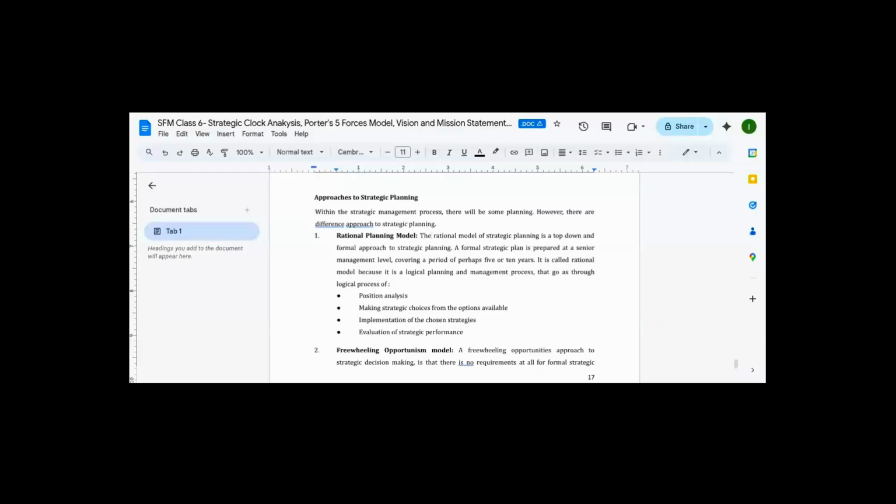So you can see here that the rational model of strategic planning is a top-down formal approach to strategic planning. When you see top-down, that means it is the responsibility of the people at the top, the CEO, the board of directors, the shareholders.